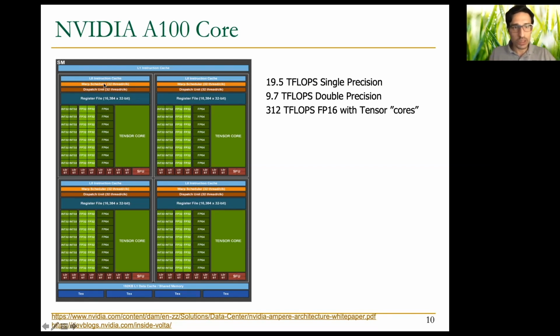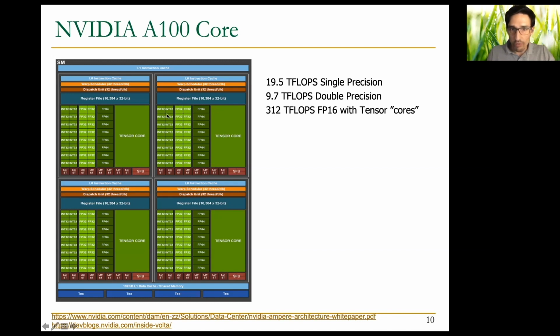This represents the whole pipeline of the SM with the warp scheduler, which is the unit that selects the threads and the instructions that are going to be fetched from the instruction cache and issued or dispatched onto the ALUs, the functional units, which are these ones that you can see here.